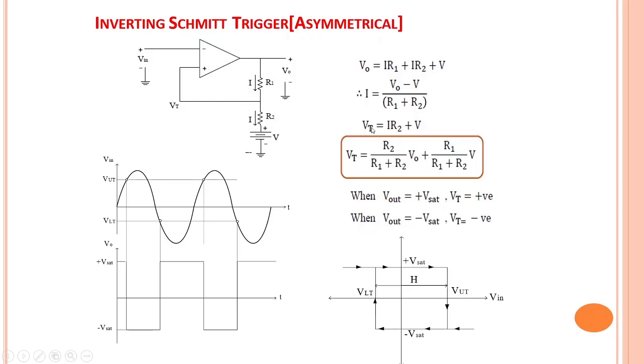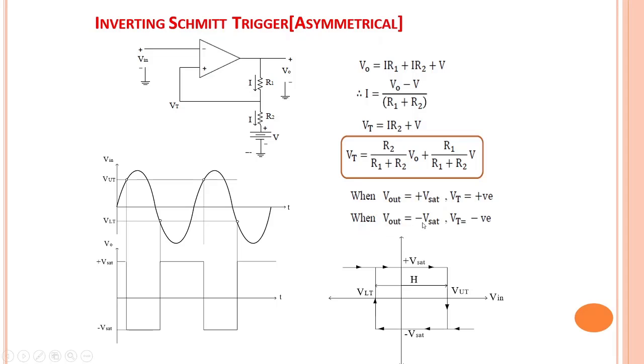So the threshold voltage will be nothing but the potential applied at the non-inverting input terminal, given by I multiplied by R2, the drop across R2, plus V. Thus the threshold voltage will be R2 divided by R1 plus R2 into VO plus R1 divided by R1 plus R2 into V. VO can be plus Vsat or minus Vsat. Whenever VO is plus Vsat, the threshold voltage will be positive.